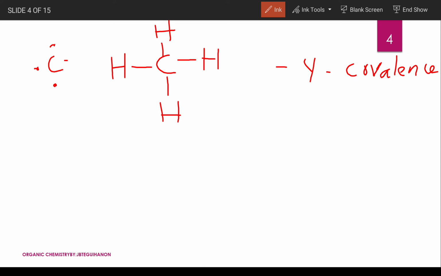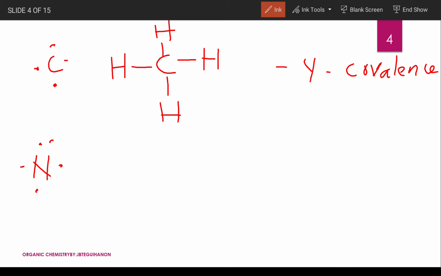Right. Now for the nitrogen, you have this Lewis symbol, 2 here, 1, 1, 1. This is in group number 5, but the covalence is only 3.